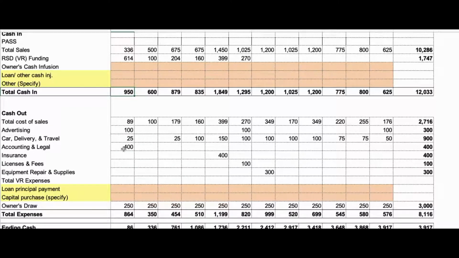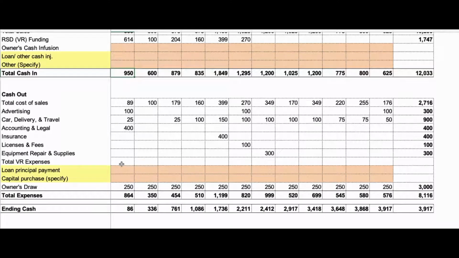We add up the monthly cash out expenses, which included the cost of production, some advertising, car delivery and travel, and accounting and legal expenses, plus his owner's draw of $250, and he had total cash out expenses for the month of January of $864. So $950 of cash in minus the $864 that went out of the business that month to pay for the expenses and the owner's draw gave Stephen an ending cash balance of $86.